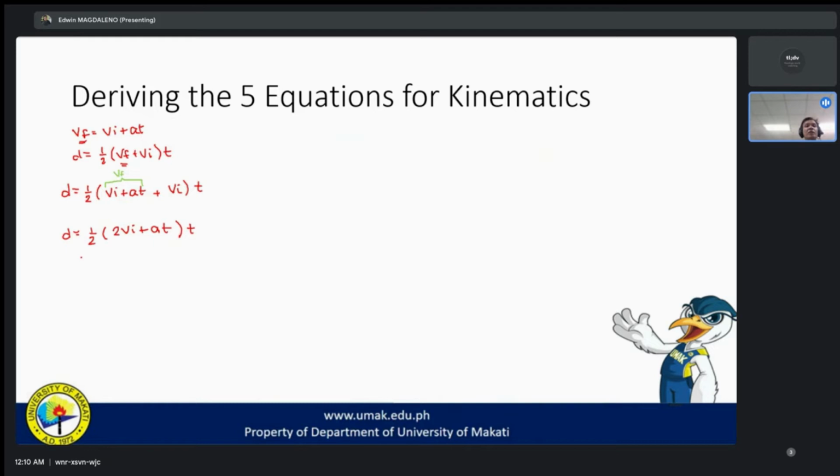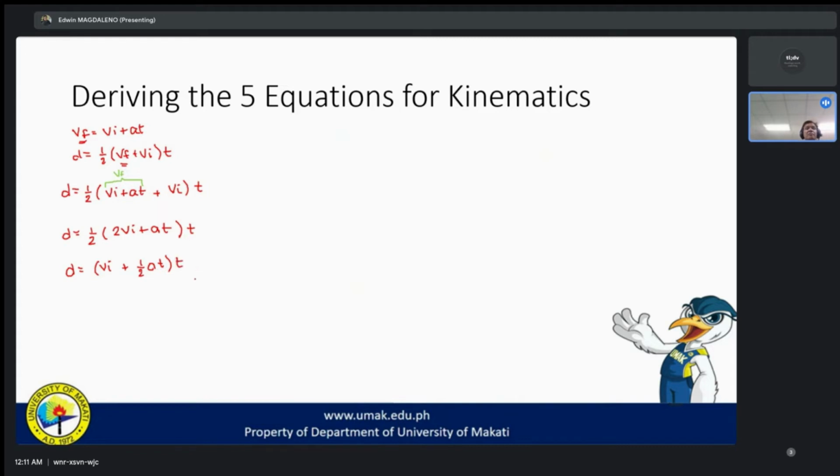Now, distributing 1 half to the two terms, we have displacement should be equal to 1 half times 2, that's 1, so it's Vi, then plus 1 half acceleration times time.